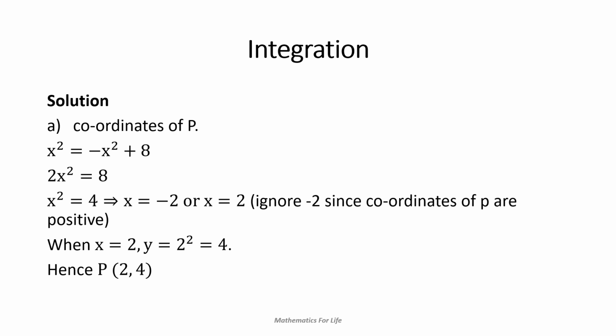Now we shall ignore negative 2 since the coordinates of P are on the positive side, and therefore we can also determine what the value of y is going to be by using x equals 2 and substituting in one of the two equations. Now if we use the equation y equals x squared, then you're going to have the coordinate of y being equal to 2 squared, which gives us 4, and therefore the point P will have the coordinates 2 and 4.